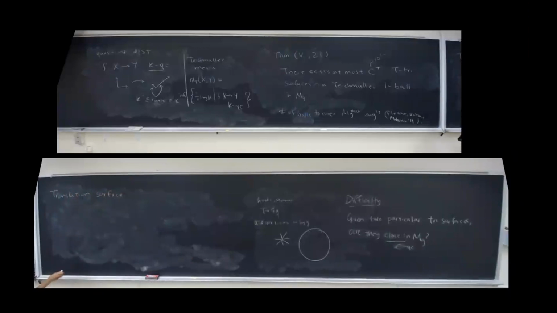For a translation surface, there are two equivalent definitions. One is you simply have a polygon in the plane, or a collection of polygons, and you identify parallel opposite edges together. So maybe these are identified, and you do gluings here.